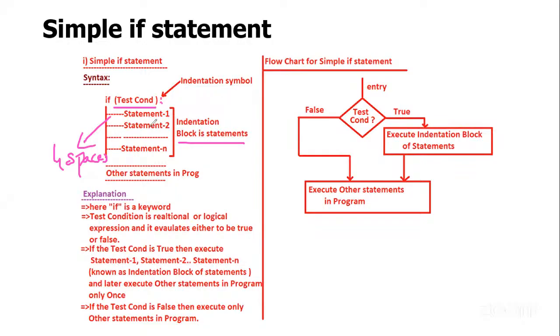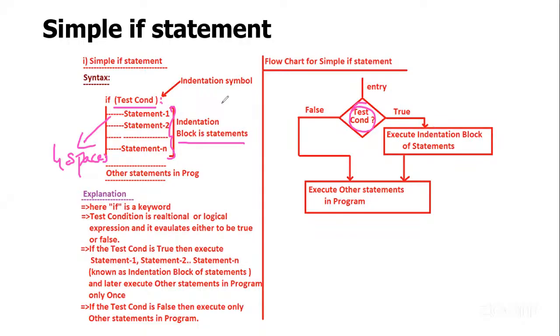How does this simple if statement work? Initially it checks the condition. If this condition is true, only then it enters and executes the block of statements. So these block of statements from 1 till n will be executed if this test condition is holding true.